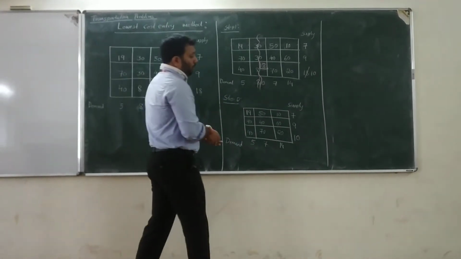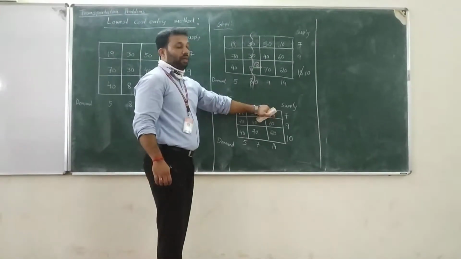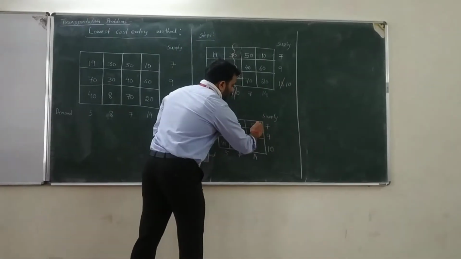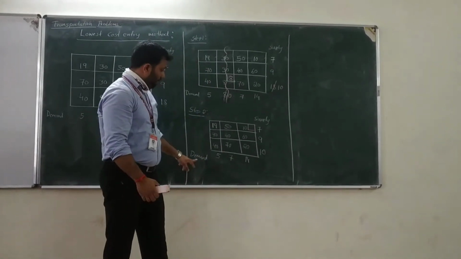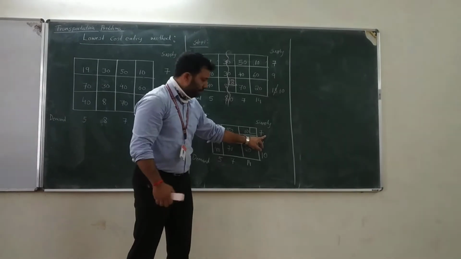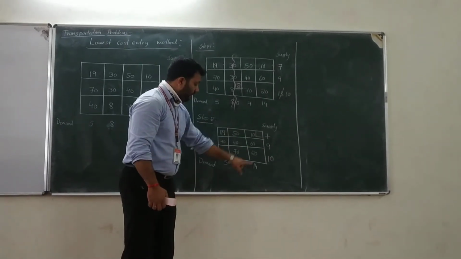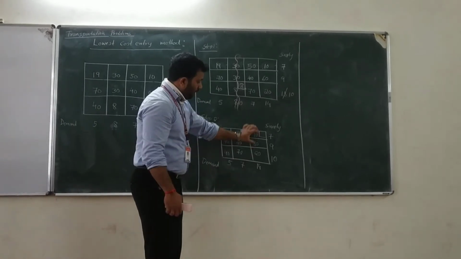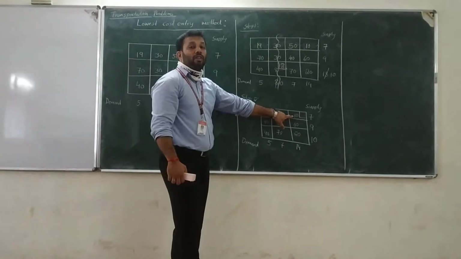So I am going to allocate to that particular position. Here I am allocating the number of units. Just look into the demand and supply. Here the supply is 7 and demand is 14. I am allocating to this particular position where we have the least cost.